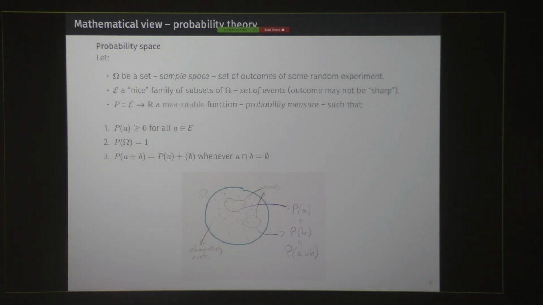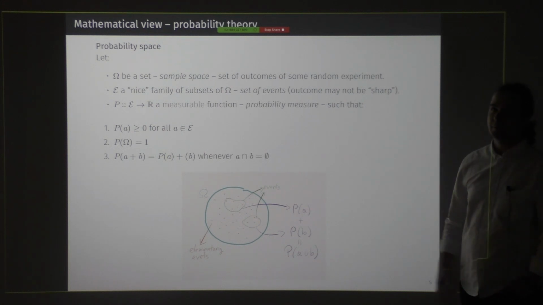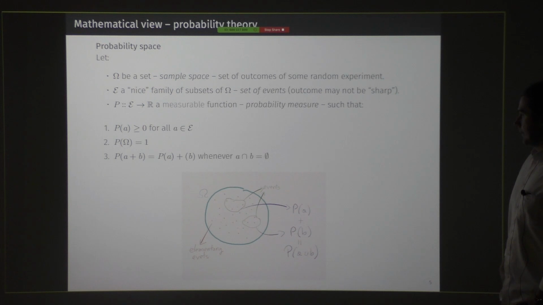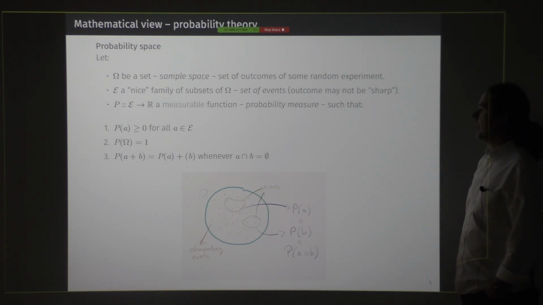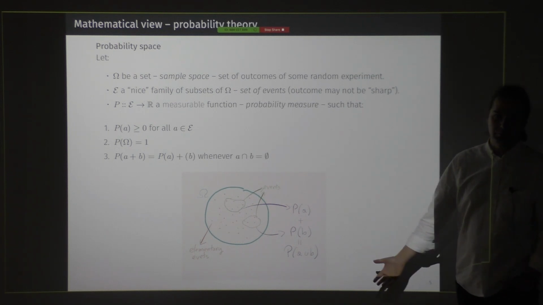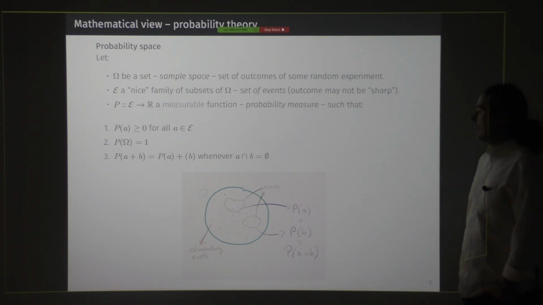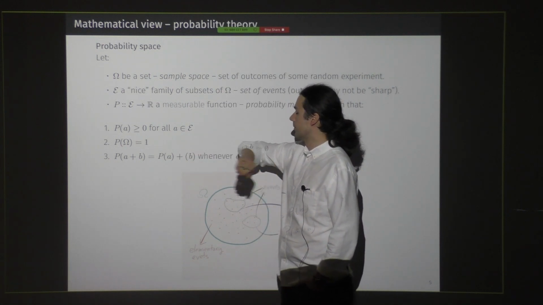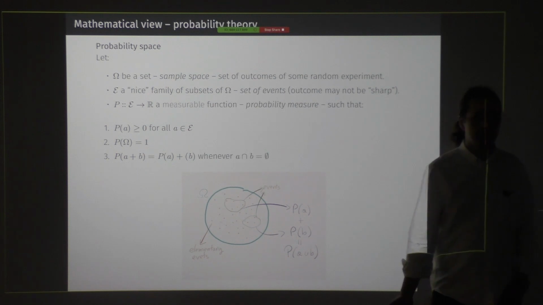And the third element is the probability measure, or probability function, or probability distribution, depending on exact technical details. So a kind of function that will take these nice subsets and assign them a number which is greater than 0, because we want to say that that's the probability. That sums up to 1, and this means that the probability that we get any kind of outcome is 1.